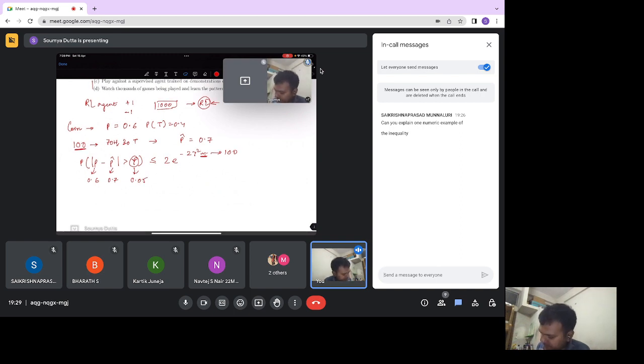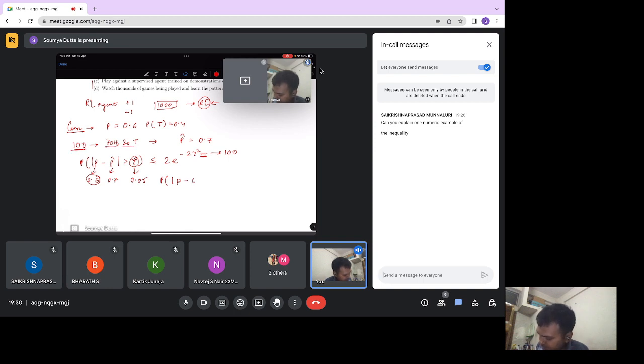Where this comes of use is, this p actually is unknown to you. Here you know that p is 0.6, but actually you have just been given a coin and you have tossed it 100 times, you have got 70 heads and 30 tails.